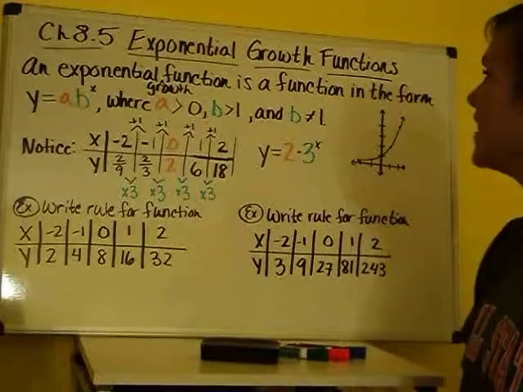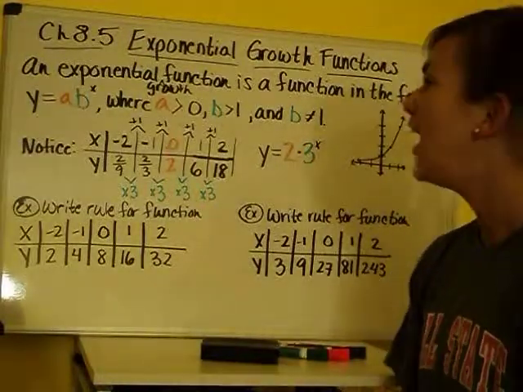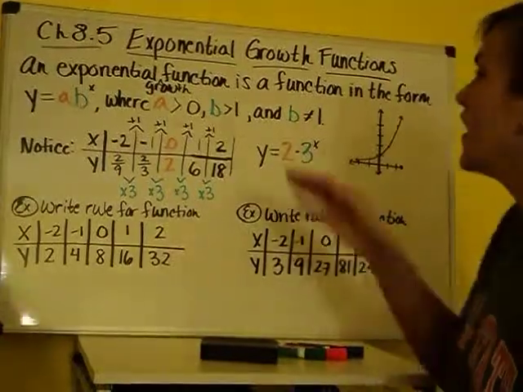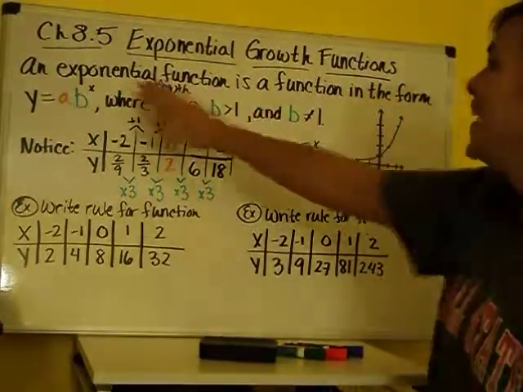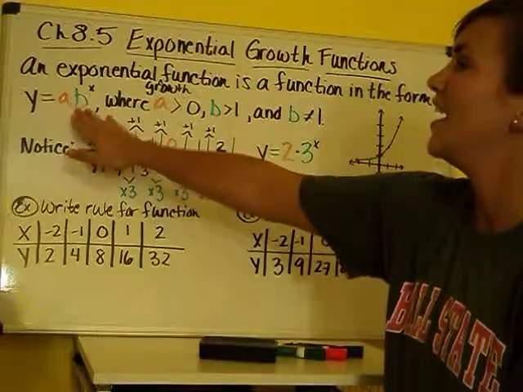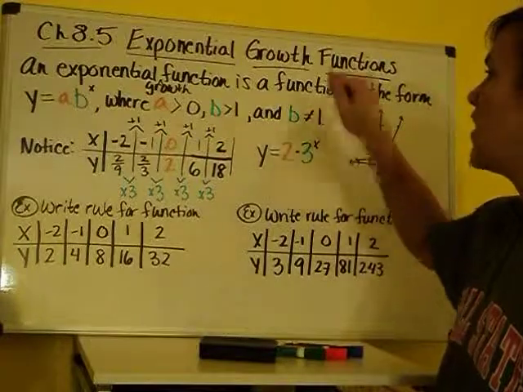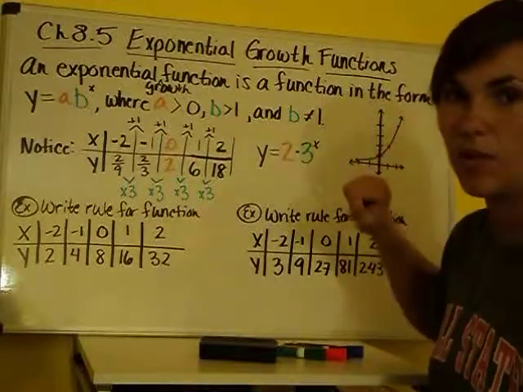Okay, so to start off this adventure, we're going to start off with a definition. An exponential growth function is a function in the form a times b to the x, where a is greater than 0, b is greater than 1, and b does not equal 1.